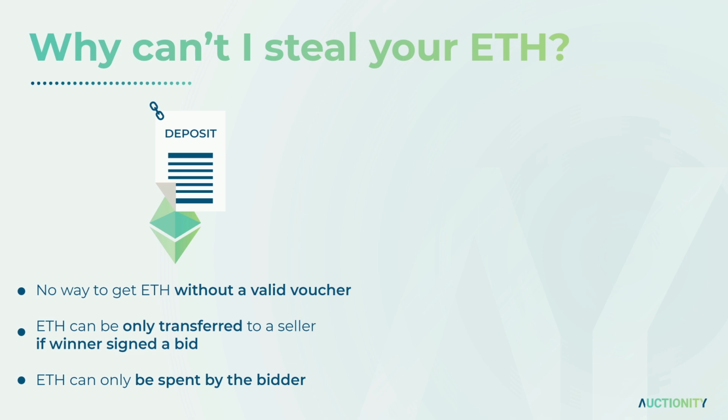What does the deposit guarantee? It guarantees that there is no way to get Ether without a valid voucher, which means that there is no trade function, for example, where someone can say, okay, transfer the Ether to this person, transfer this Ether to this other person. No, it doesn't work like this. There is no other way than using a valid voucher. The second guarantee is that the Ether, with the voucher, can only be transferred to a seller if the winner signed a bid.